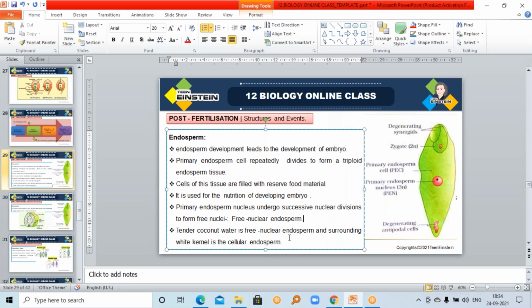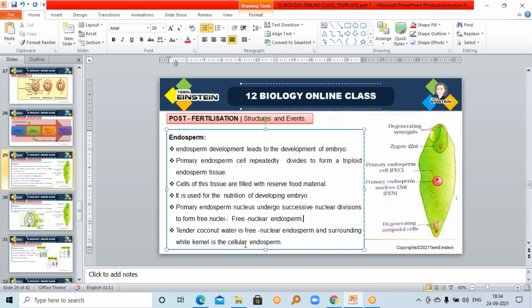The tender coconut water is free nuclear endosperm because continuous nuclear division is taking place. And when it becomes mature, later the cellular formation will start. So the white kernel which is formed is cellular endosperm.